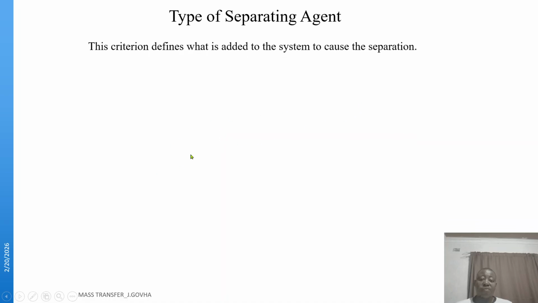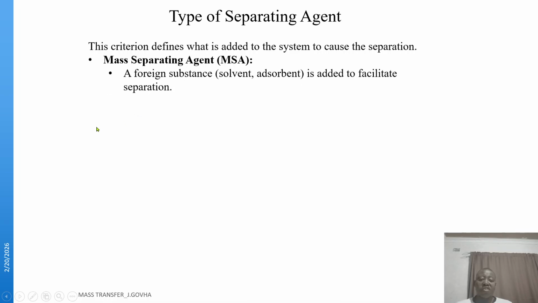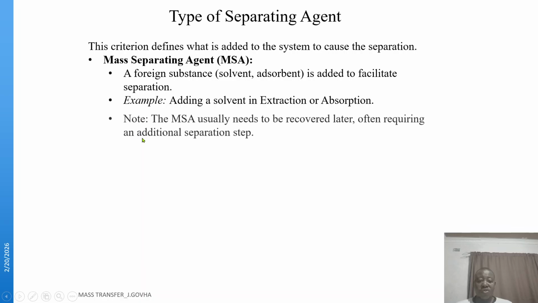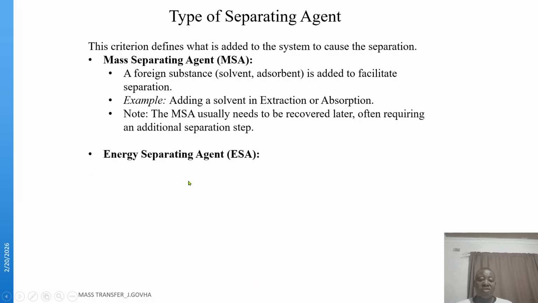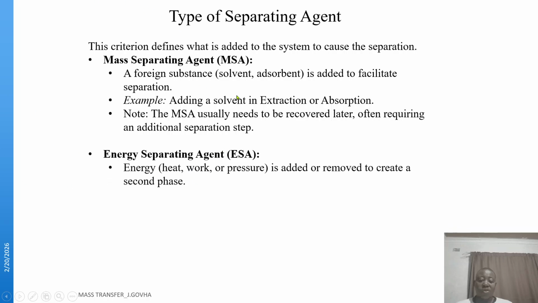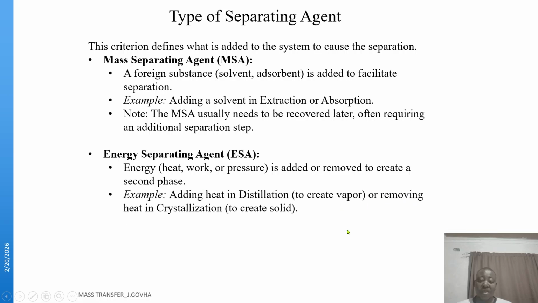Type of separating agent. This is critical. So this defines what is added to a system to cause separation. So there's the mass separating agent where we are adding a foreign substance to effect the separation. Then we also have the energy separating agent where we are adding energy, work or pressure to remove or to create a second phase, then effect separation.